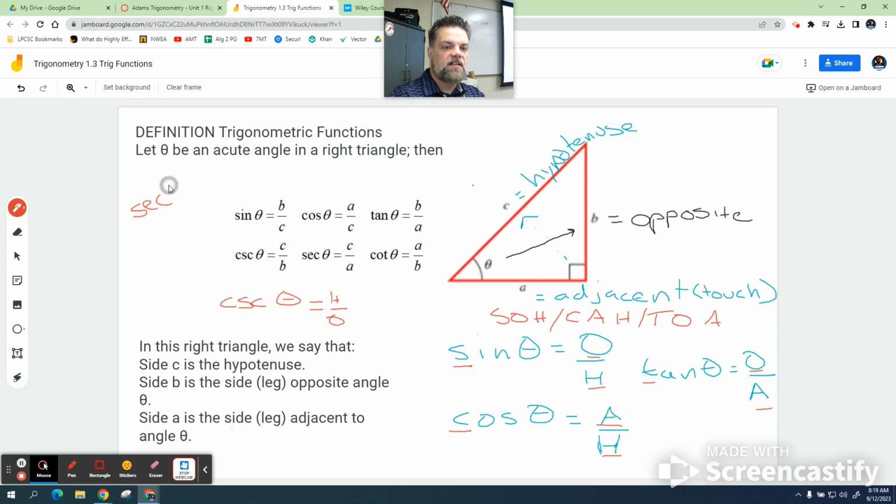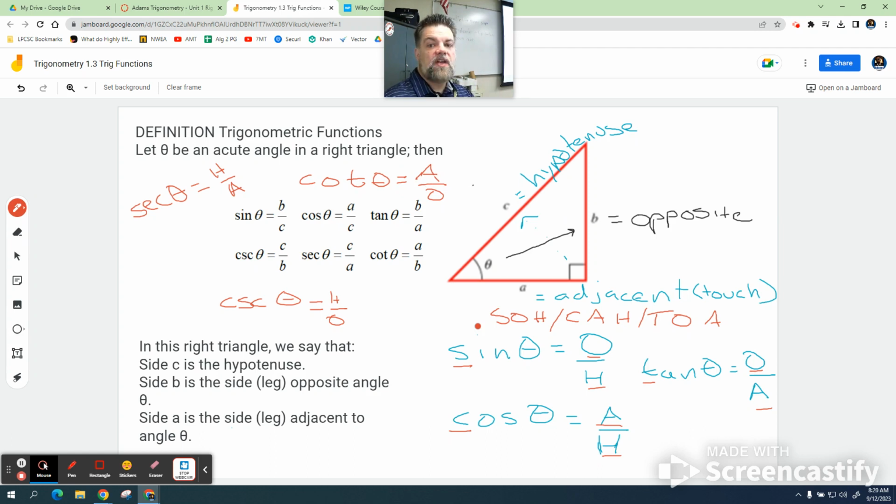Secant of theta is the reciprocal of cosine, so that would be the hypotenuse over the adjacent. And then cotangent of theta is just going to be the adjacent over the opposite. Okay? And that's it. Those are the six basic trig functions.